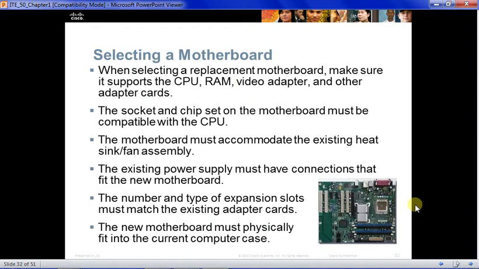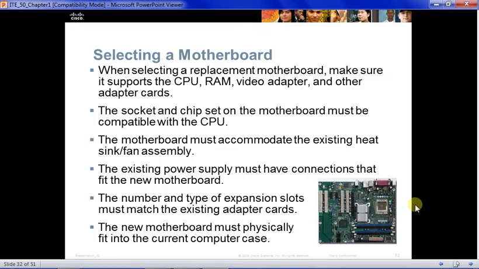When you are going to replace the motherboard and you want to try to use the current RAM, CPU, and the video adapter card that you already have, you're going to want to make sure that any motherboard that you purchase will work with those components. So you'll take the socket and chipset of the motherboard into consideration. You need to make sure it's compatible with the CPU.